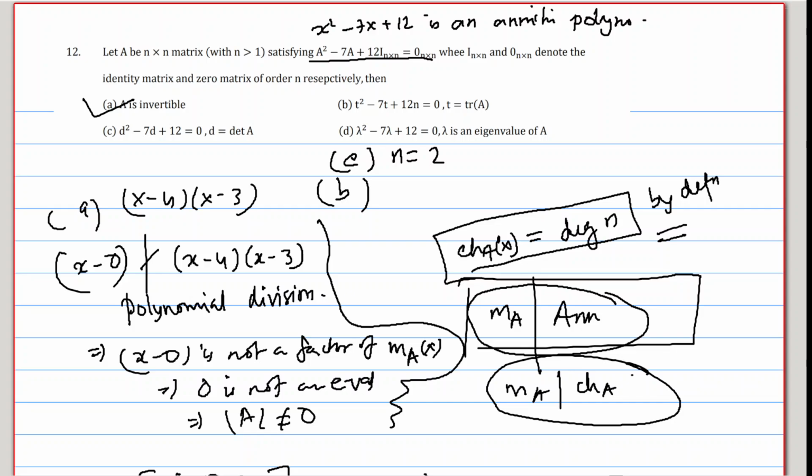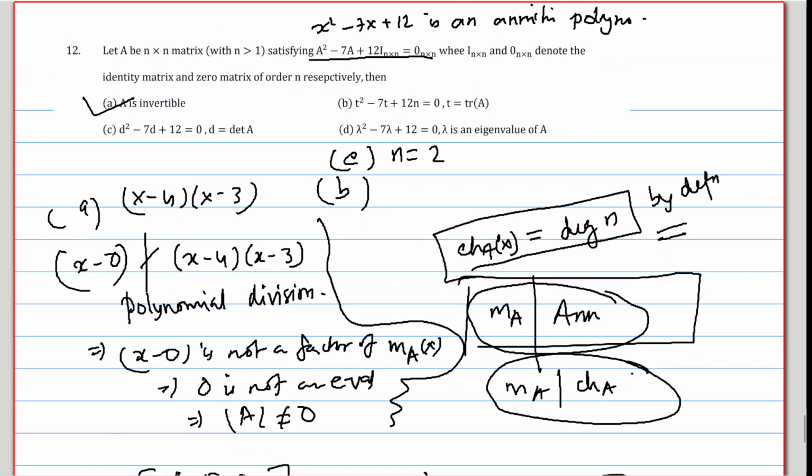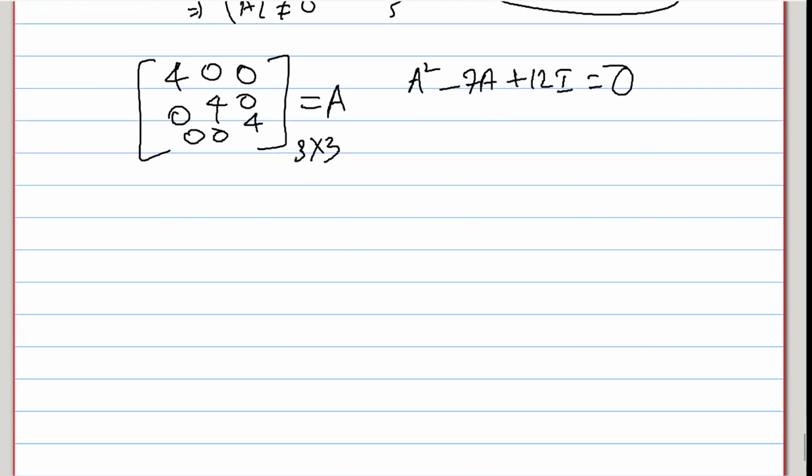Let's see what the other options are. D squared minus 7D plus 12 equals 0, where D is the determinant of A. This need not be true, right? Because D has to be a root. What if you take this matrix?